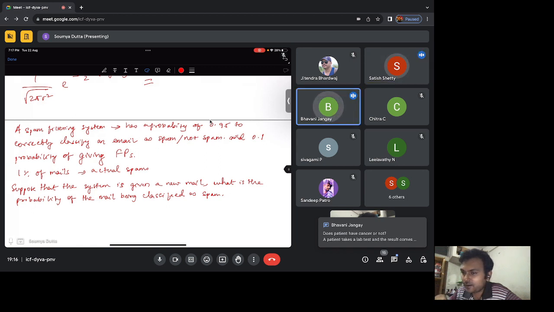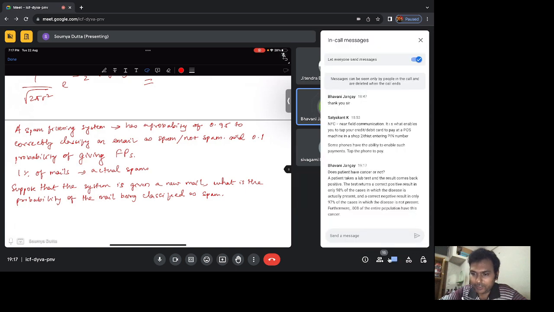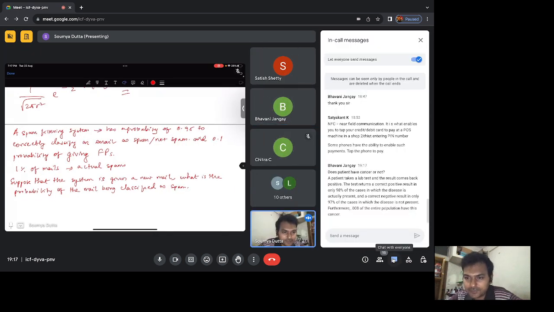Sir, I'm sharing the description of our notes, the cancer description. Does the patient have cancer or not? A patient takes a lab test and the result comes back positive. The test returns a correct positive result in only 98% of the cases in which the disease is actually present, and a correct negative in only 97% of the cases in which the disease is not present.